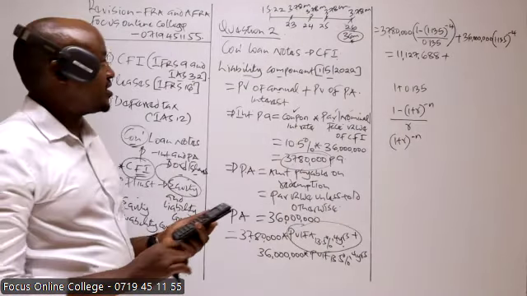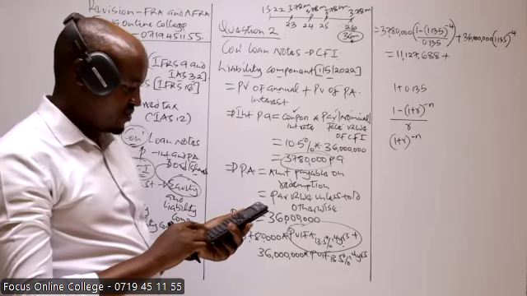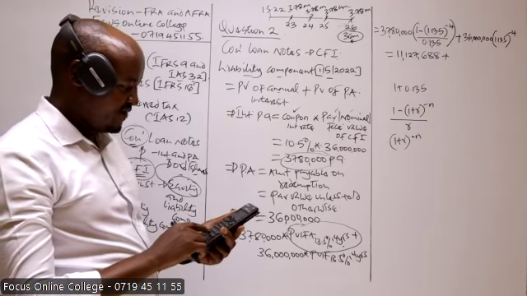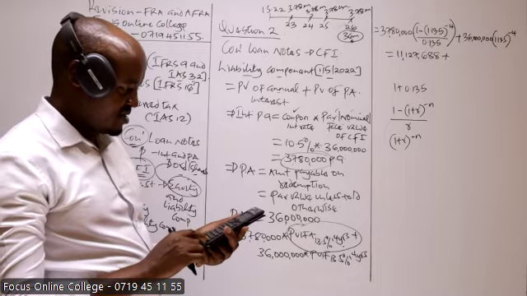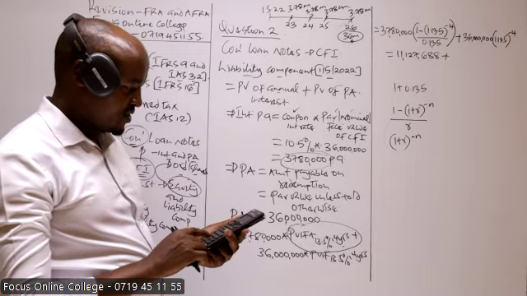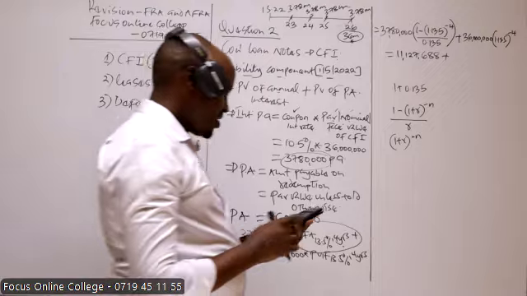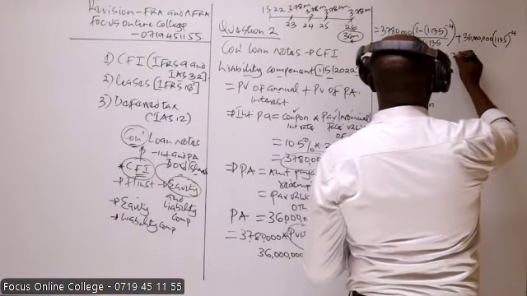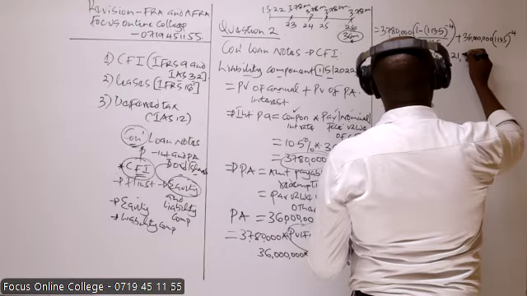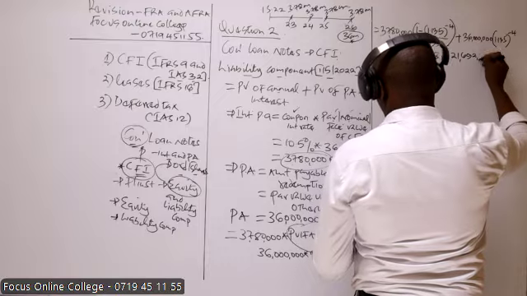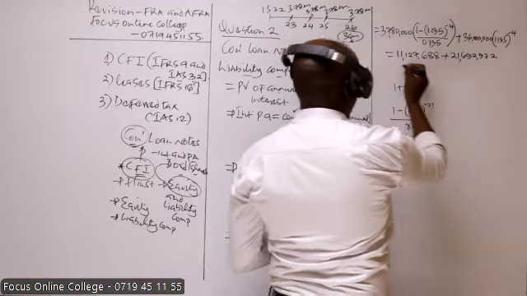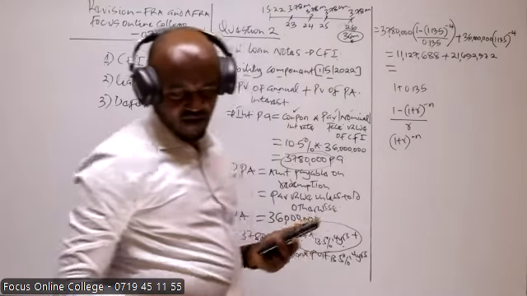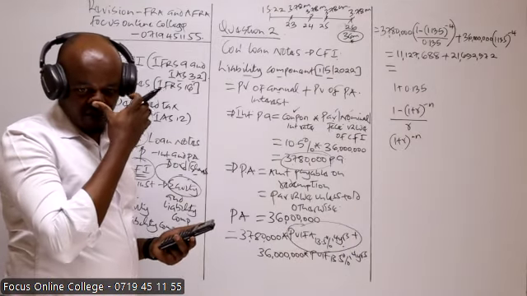Yes. Then we discount the principal amount. We have 1.135 raised to power negative n times 36 million, and in that case I'm getting 21,692,972 to the nearest whole number. I hope that is what you're getting.